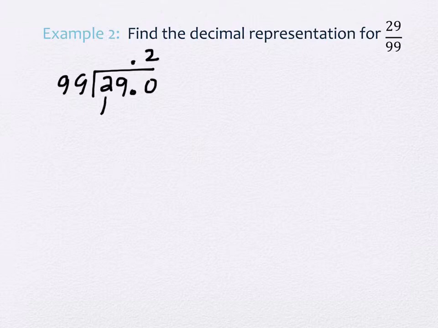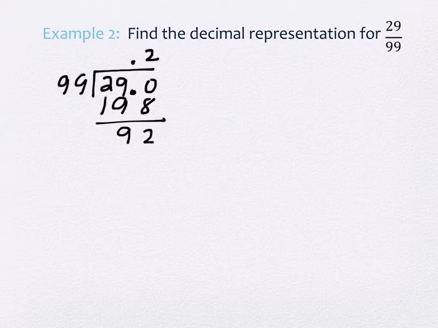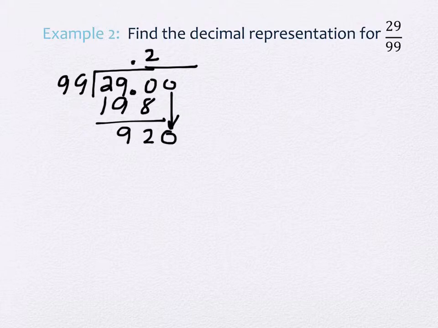And 2 times 99 is 198. So if we subtract 290 minus 198, we get 92. And then we need another 0. Okay, so I have 920. Well, 99 goes into 920 9 times. And 9 times 99 is 891.